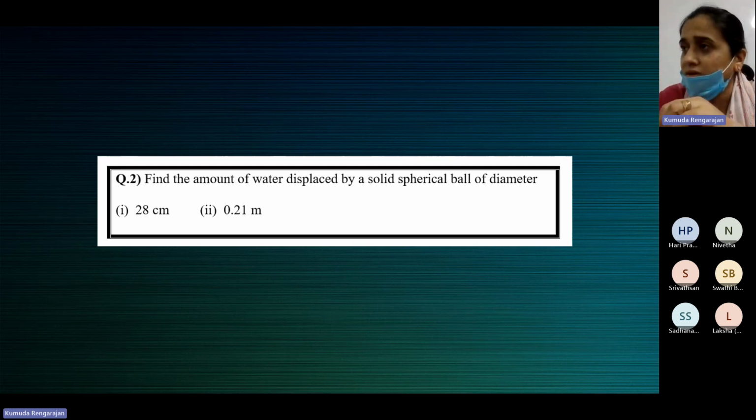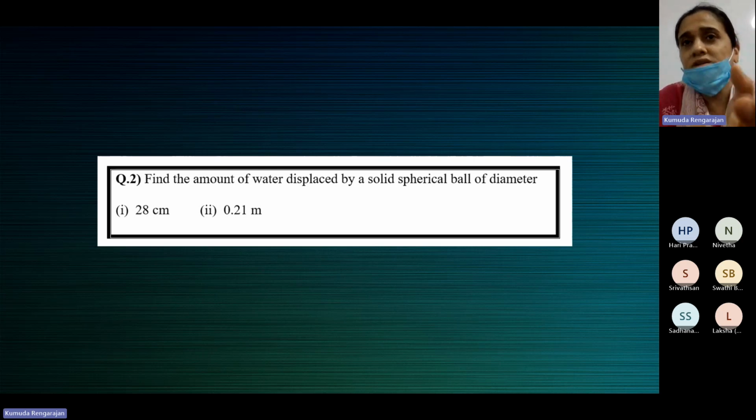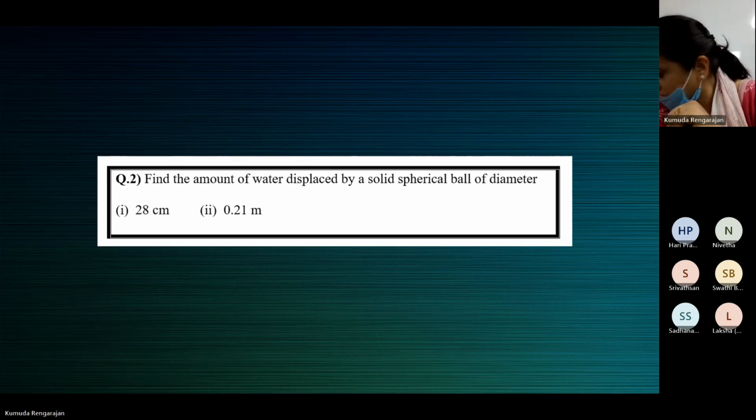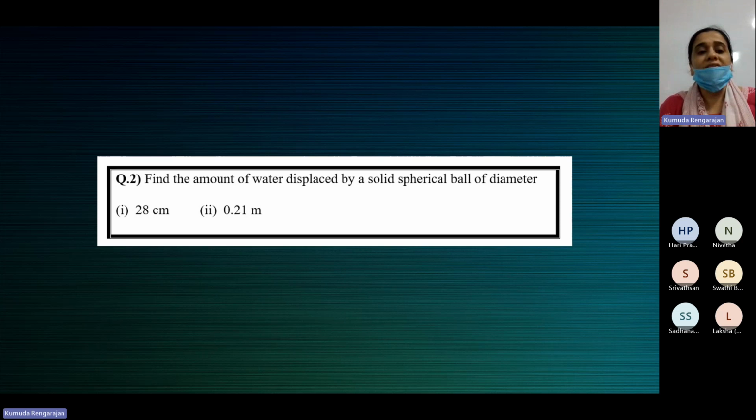When you lower a sphere, the sphere needs some space inside the beaker, so some amount of water will overflow, equal to the volume of the sphere. So the amount of water displaced will be equal to the volume of the sphere. Just find the volume of the sphere, 4/3 pi r cubed.